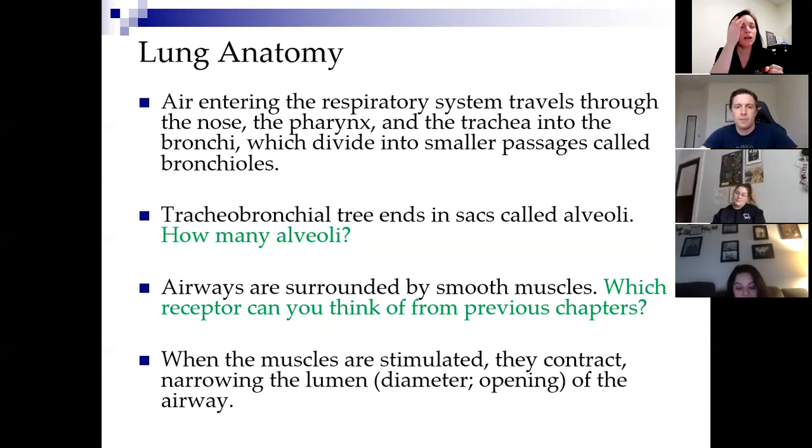If you're having an asthma attack, that's what's happening: it's contracting, you're getting inflammation and things are closing down, and the lumen is narrowing. But then it says diameter is opening. So does anybody else feel like that's the exact opposite statement? Because the lumen is like the inside part, and that should be opening.